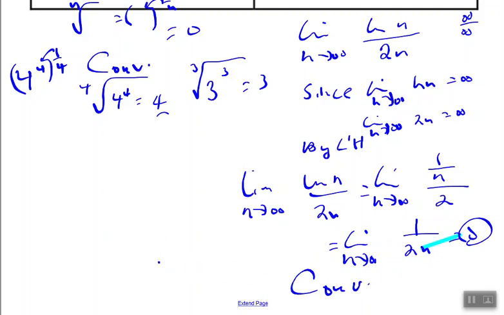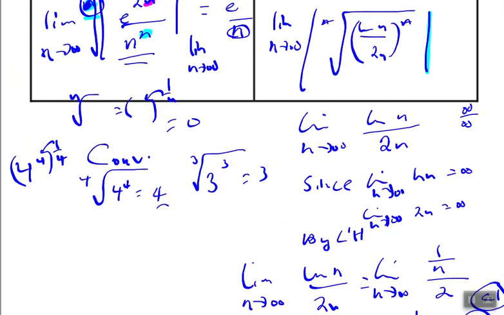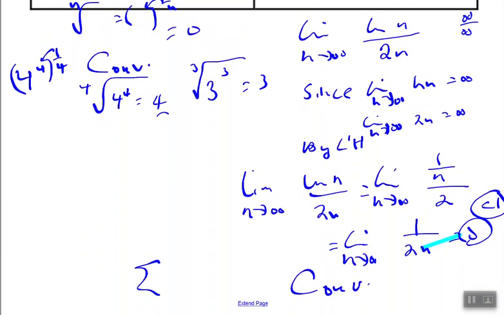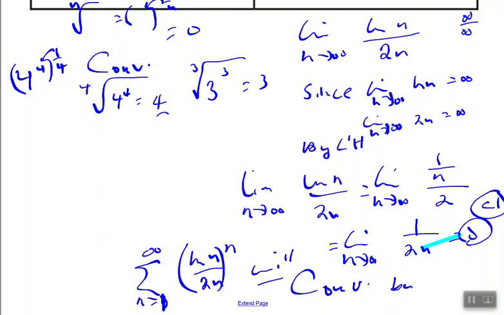Since 0 is less than 1, we were trying to figure out what that limit was. Did we get out a number that was less than 1 or greater than 1? And we got a 0, which is less than 1. So we would then write that series, that infinite series, n starting at 1, of the natural log of n over 2n, will converge by the ratio test.